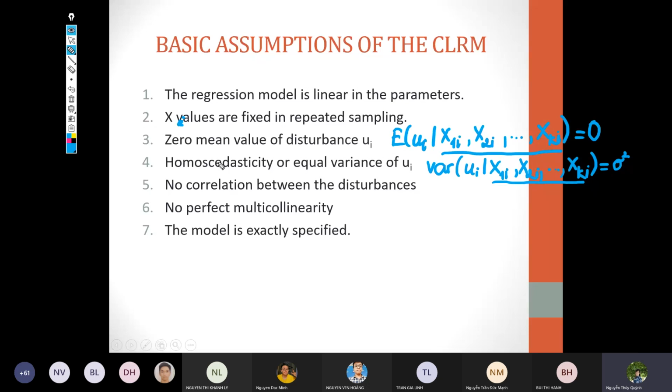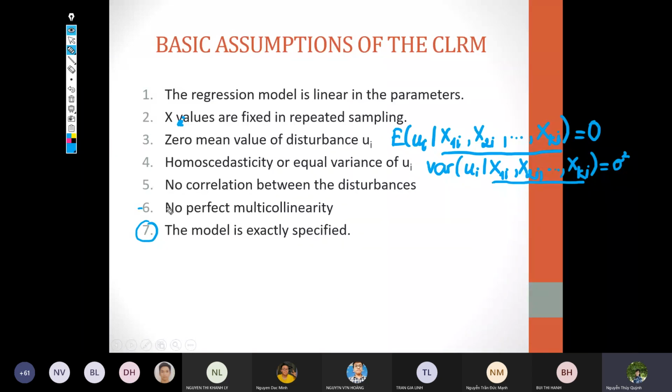Assumption number 5 is that we have no correlation between the disturbances, the same as in the two variable regression model. Number 6 is a new one, and number 7, the model is correctly specified.